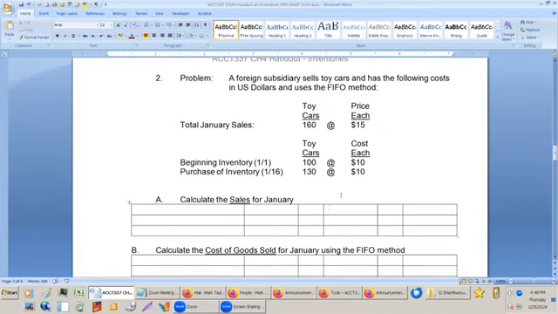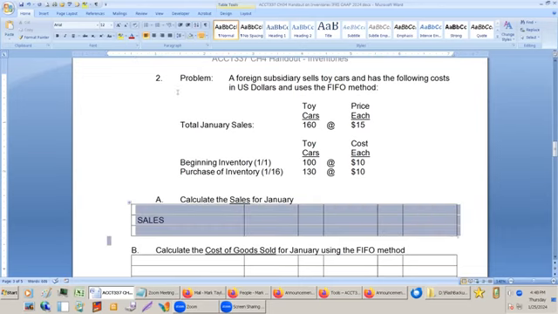Okay, so for problem number 2, what would the sales be for January? How much would the sales be? 2,400.